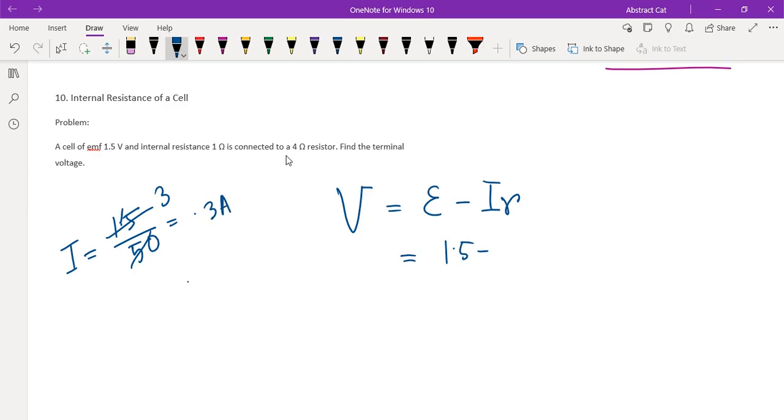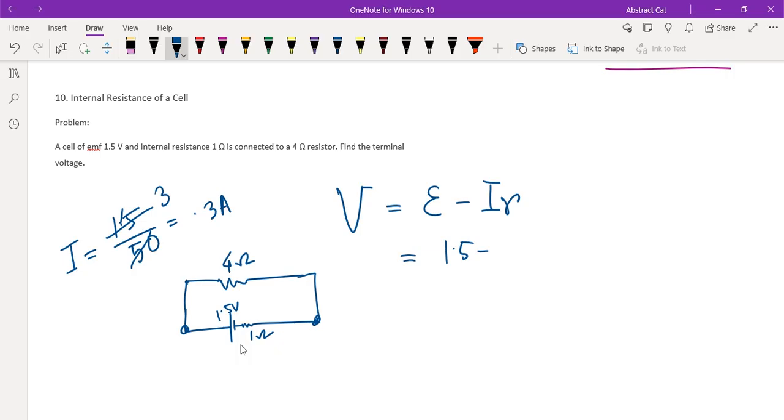Actually the circuit looks like this. There is an external resistance of 4 ohm, there is a source, and there is a very small internal resistance of 1 ohm. These two resistors are in series, so the total is 1.5 volt. That's not actually the terminal voltage.